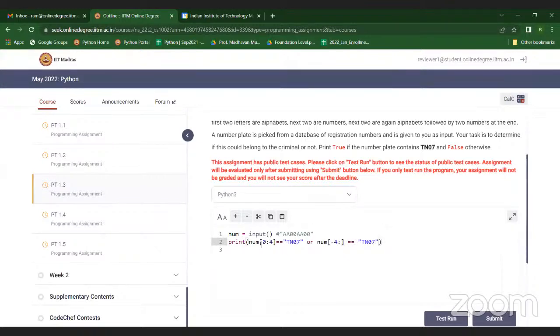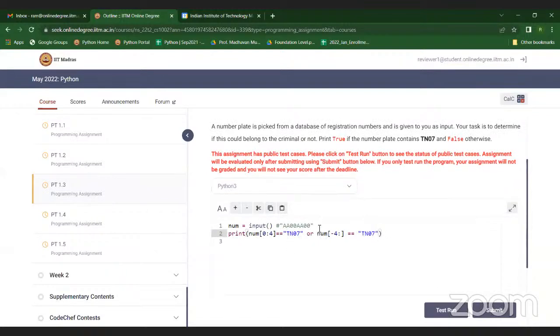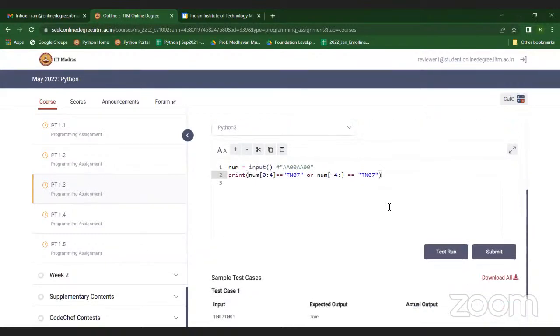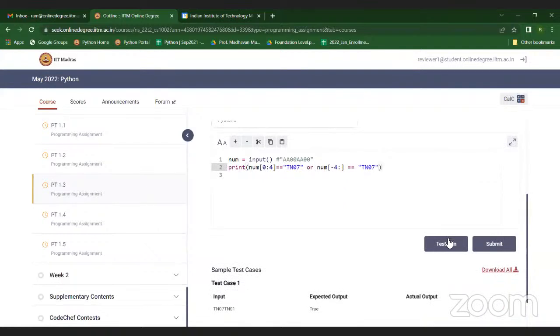What this basically does is this OR statement. If either this is true or this is true, then it will print true. If TN07 is not within the first four or the last four, then it will print false. Let us test run it.